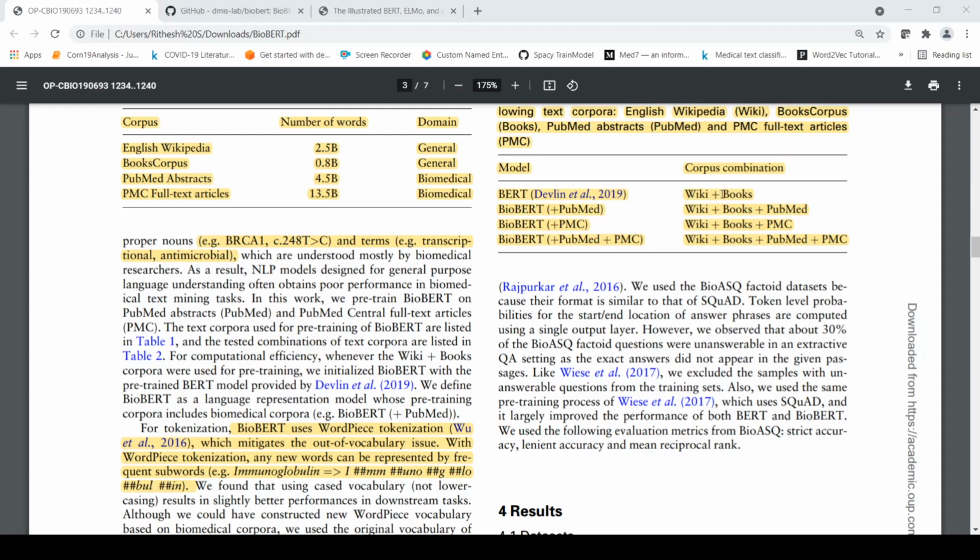The corpus combination is that you have BioBERT, which is BERT plus PubMed. BERT already has been pre-trained on Wiki plus books. Then you also have BioBERT plus PubMed Central. Then you have BioBERT plus, which is PubMed plus PubMed Central. So this is PubMed abstracts, this is full text articles. These combinations are available for the BioBERT model.